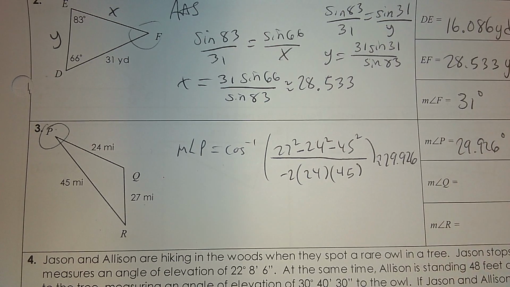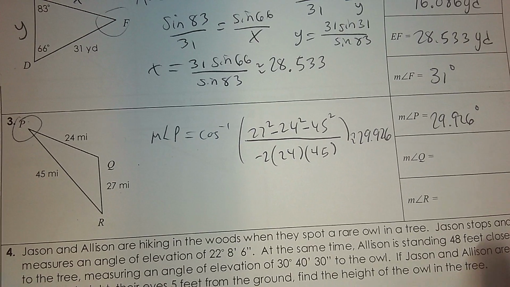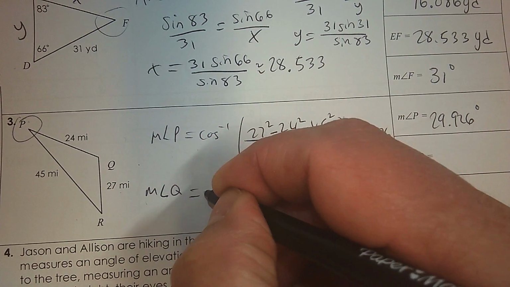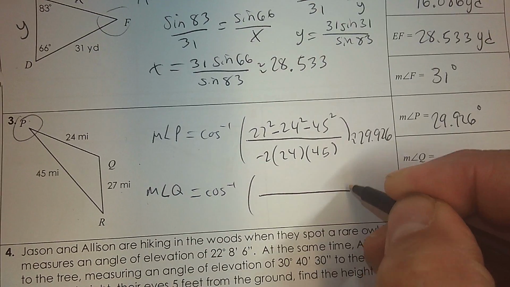All right, now I can't use basic triangle properties yet, so I got to find another angle. So I'll go Q. So see if you can set up Q, and then I'll set it up.